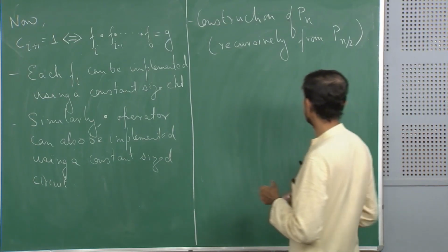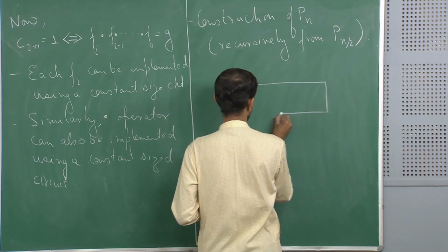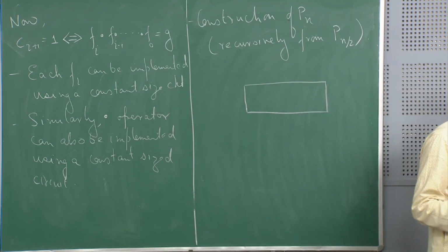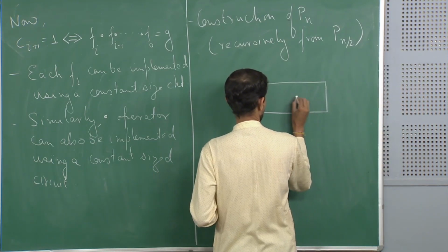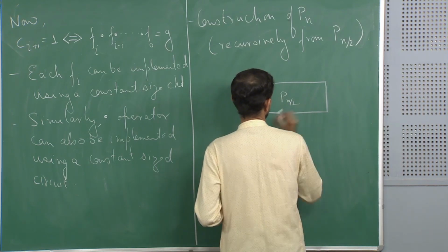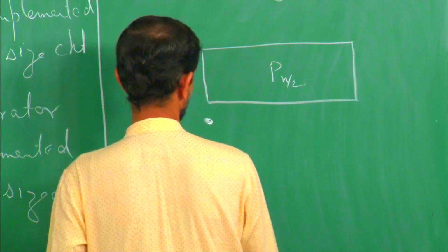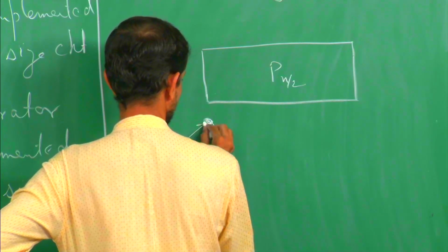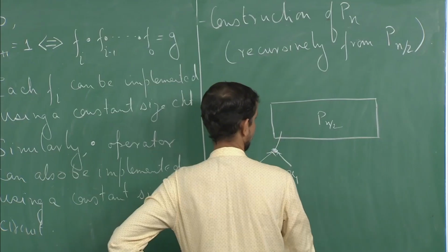So, how do we do this? Let us first assume we have this circuit for P of n by 2. What this circuit will take as inputs are the following. I will have a circuit here for the dot operator with inputs x0, x1, and this goes over here.